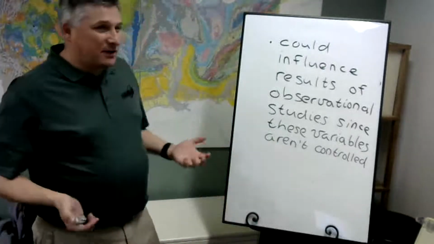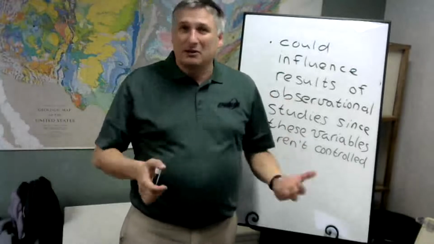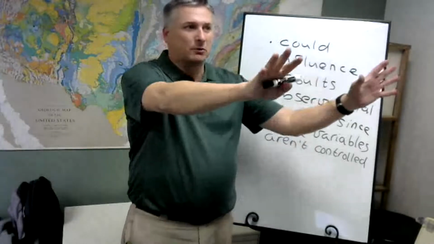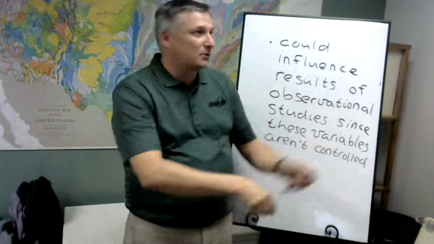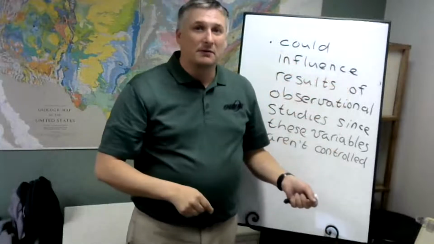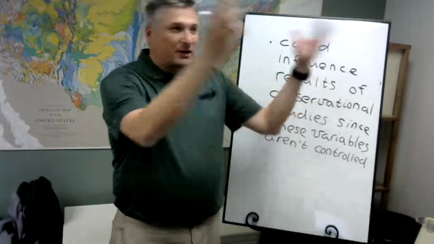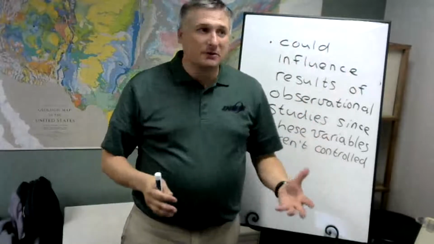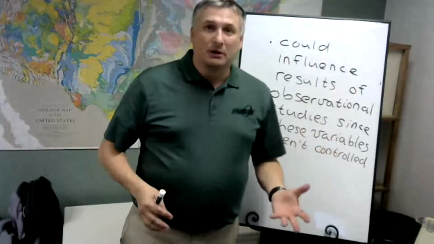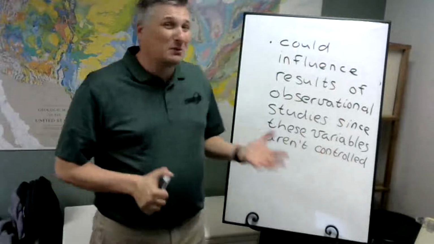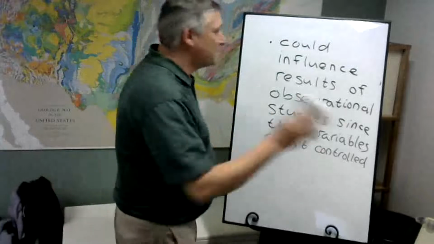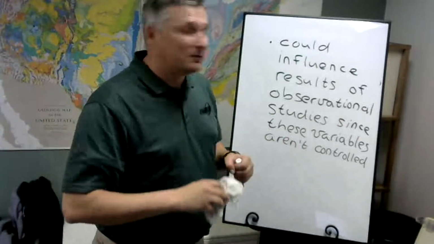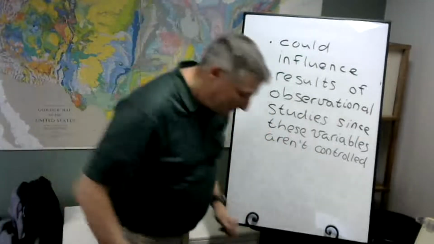So these variables could be things that we can't control because they're in the outside world. We're not trying to control anything. We're not modifying anything. We're just writing down what we see. And the outside world can have all kinds of influences surrounding our subjects. So we're kind of at their mercy to some degree, unless we come up with an experiment. We might be able to conduct an experiment that could get rid of these.